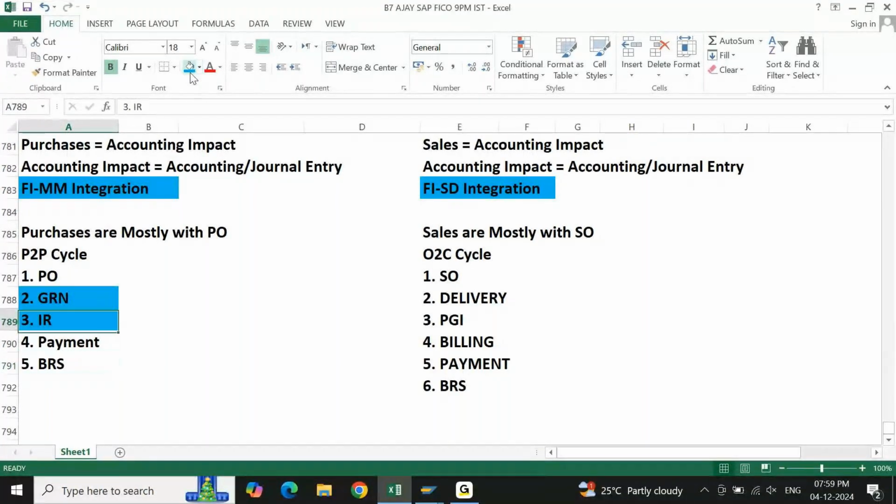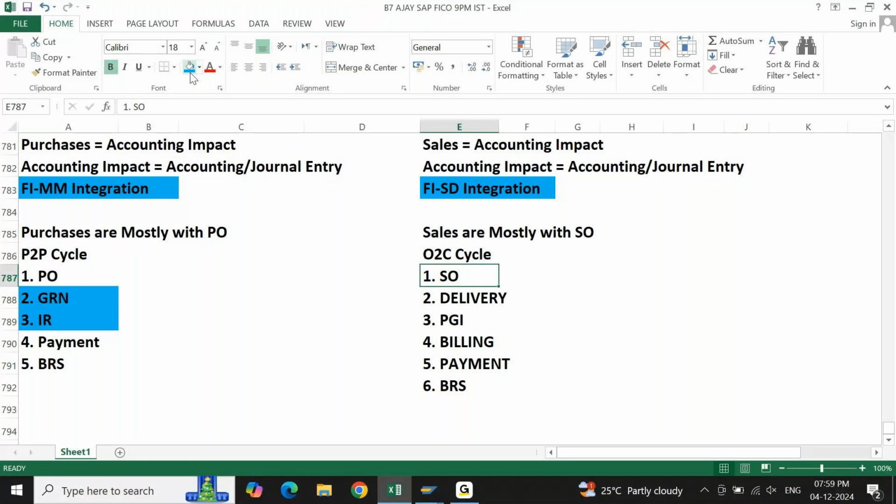Similarly, if I go to OTC cycle, sales order, any accounting entry? No. Delivery, any accounting entry? No. Delivery also, there is no accounting entry. PGI, any accounting entry?